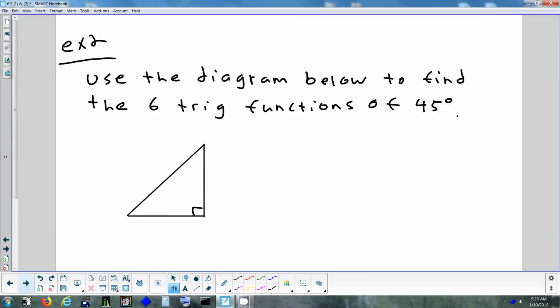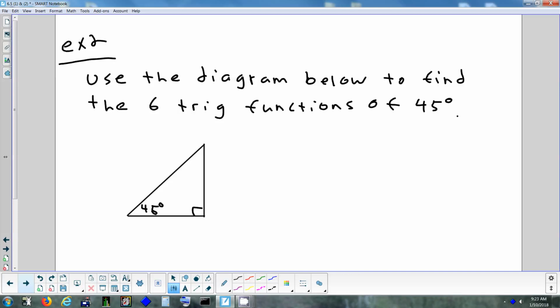First of all, does it matter how big or small you make your 45, 45, 90? Trevor? No, you can make it any size you want, but it has to be similar to every other 45, 45, 90. It's got to be the correct side lengths.